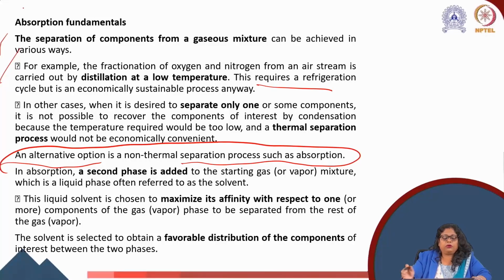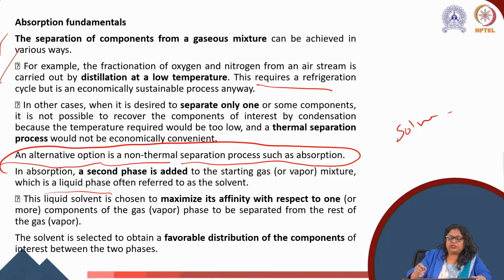So here the requirement is the separation of a component from a gaseous mixture, and that can be achieved in different ways. So we have reached the point where we are talking about absorption. In absorption, a second phase is added. What is that second phase? The second phase is the solvent, a liquid phase, which is added to the starting gas mixture.